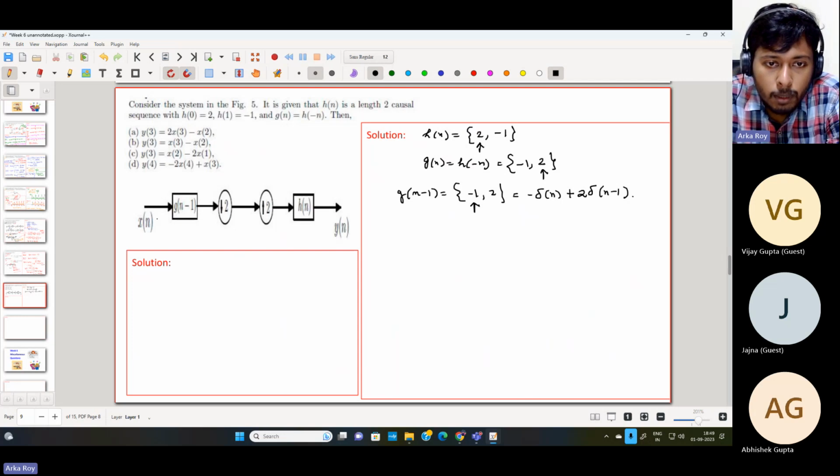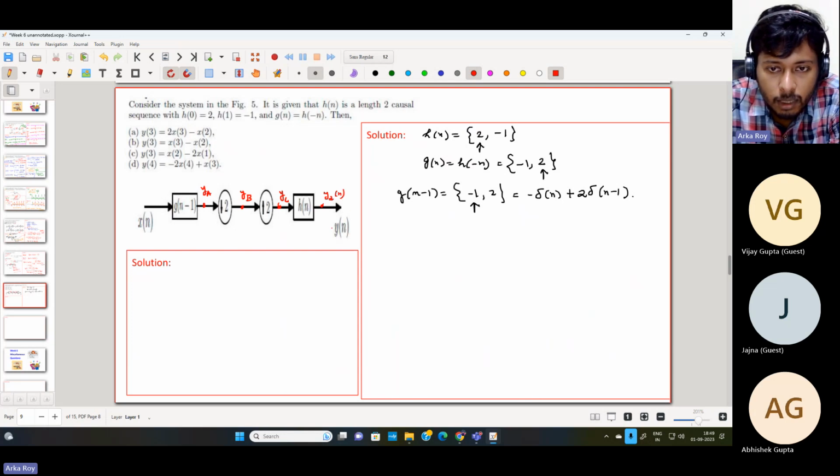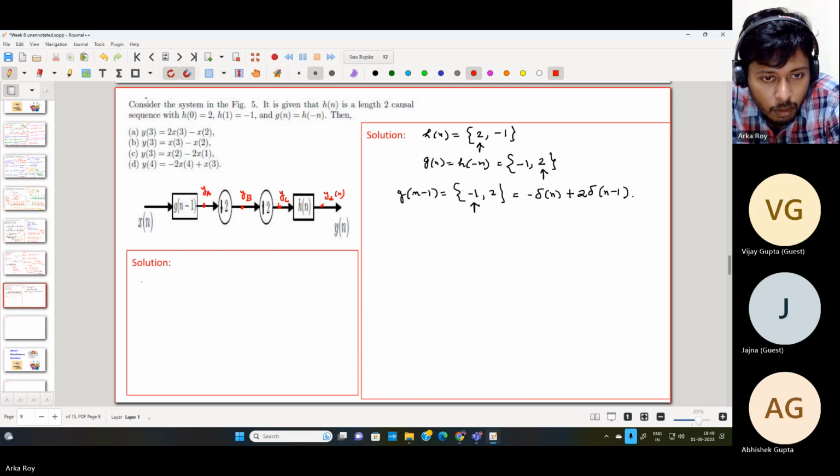Now let's solve this system. In these questions on upsamplers and downsamplers, you should care about the outputs at each point: at ya, then yb, yc, and finally yt[n]. Effectively yt[n] is equal to y[n]; I have just written it for continuity.